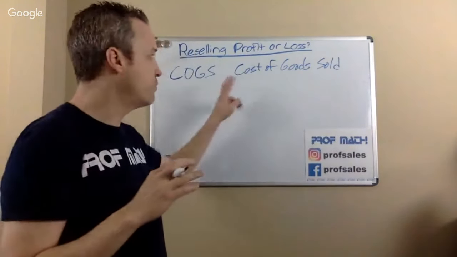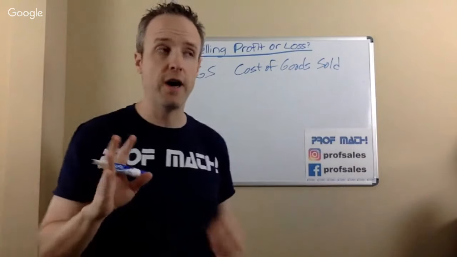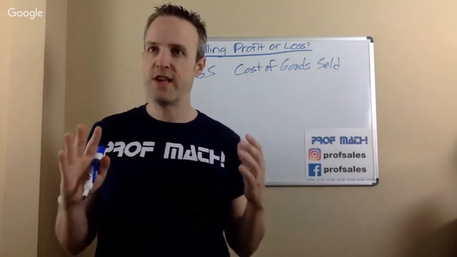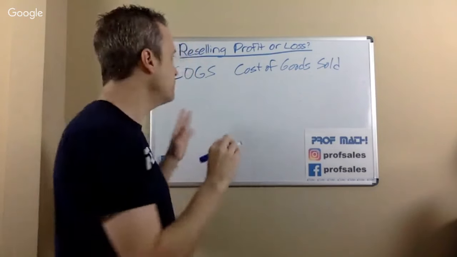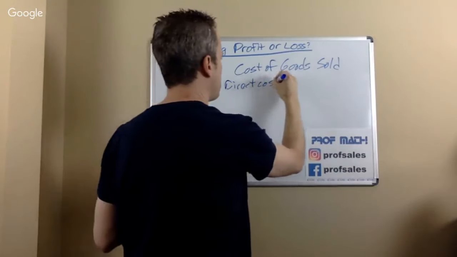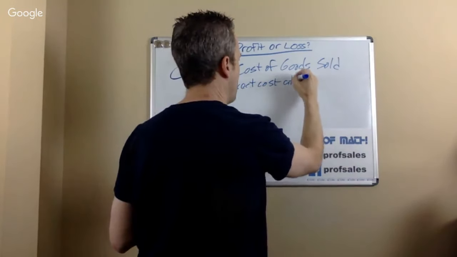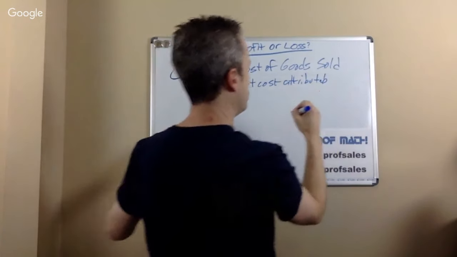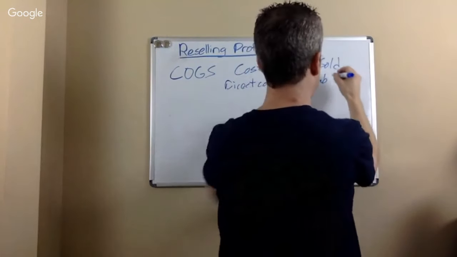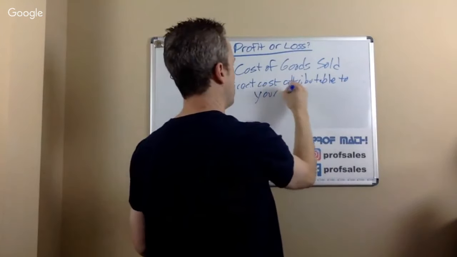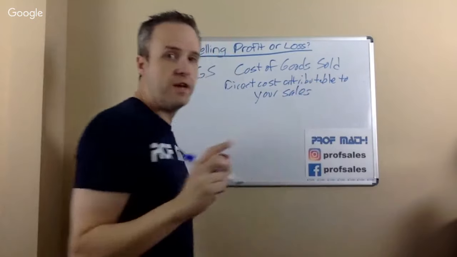Now, this one gets thrown around a lot, and it's used incorrectly a lot. And here's why I'm going to say that. So this is basically the direct cost attributable to your sales. All right.